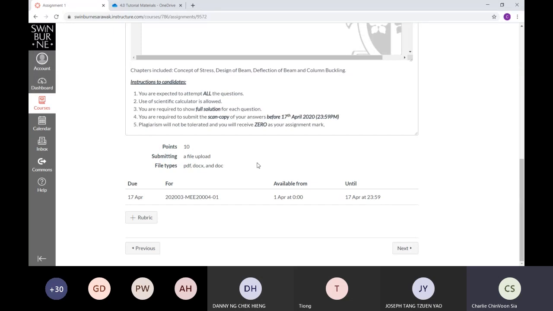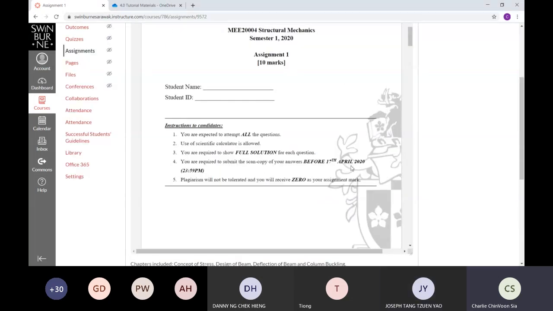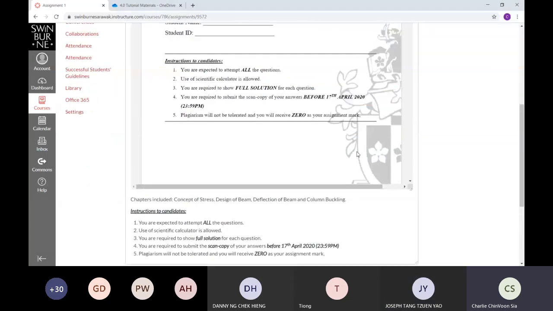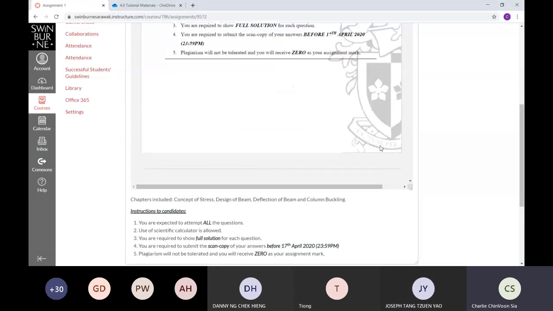After that, use scan software, I think most of you have one, take a picture, convert it into PDF format, and submit through Canvas before the 17th of April. If you have any questions, drop me or Tiong an email.